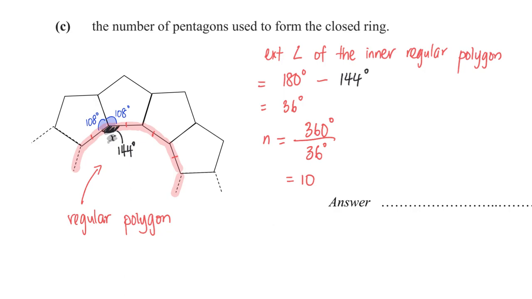And I'll get 10. So therefore, the number of pentagons needed, which I'm going to write down here, will be equal to 10.